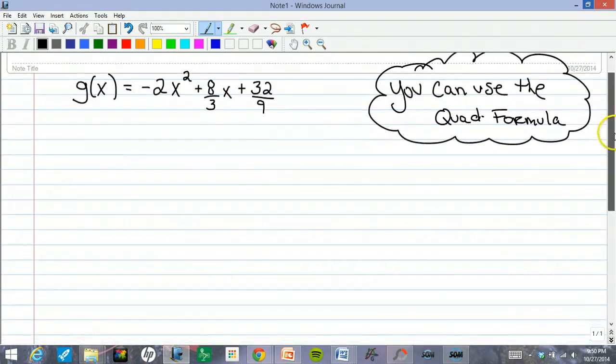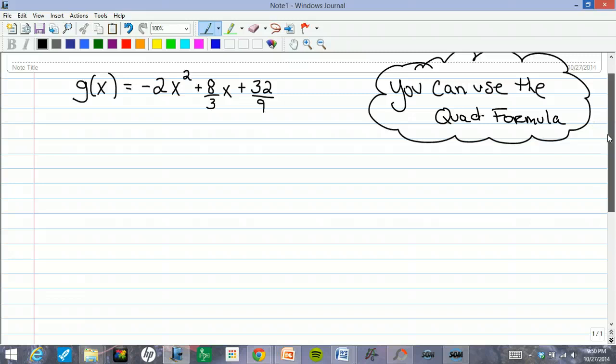Alright, so first I'll complete the square. Quick reminder here, I need 1x squared. Right now I have negative 2 times x squared, so I'll factor out a negative 2 from my x squared term and my x term, which means I'm going to divide by negative 2. So this becomes x squared, which is great.